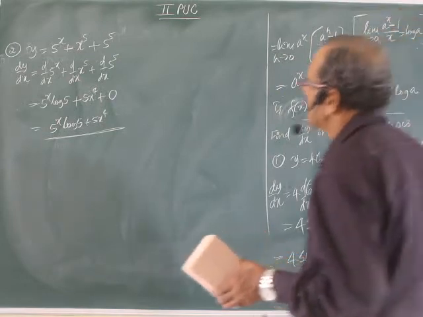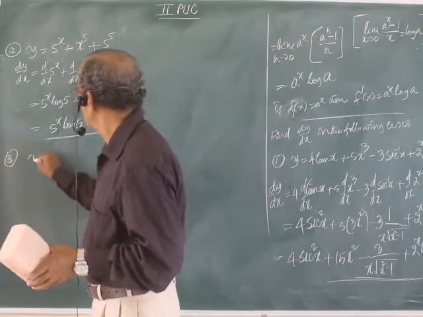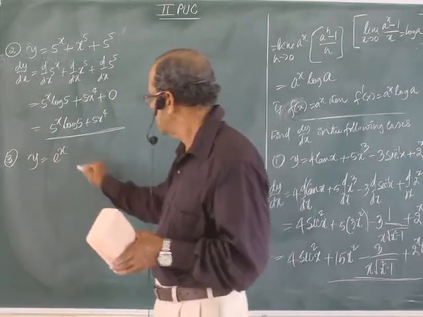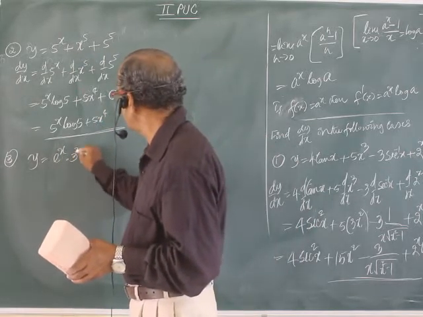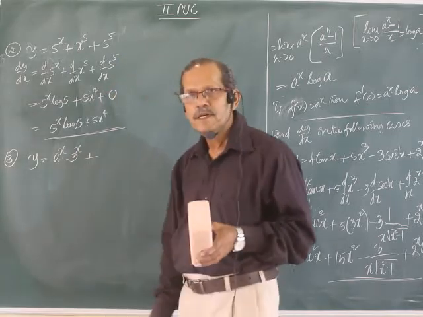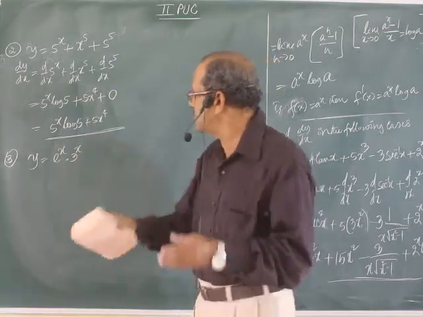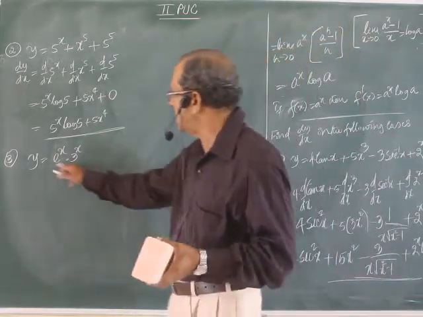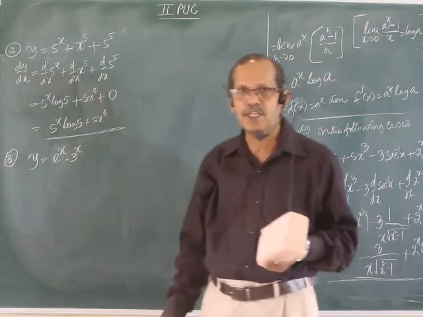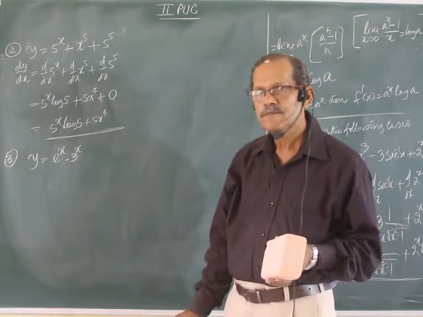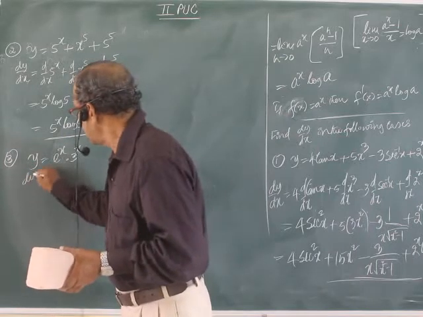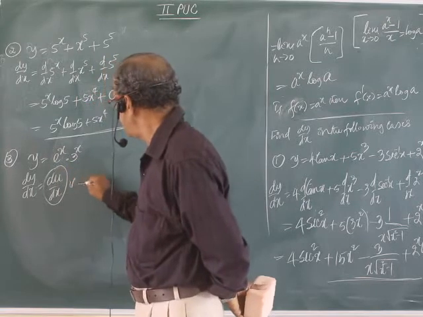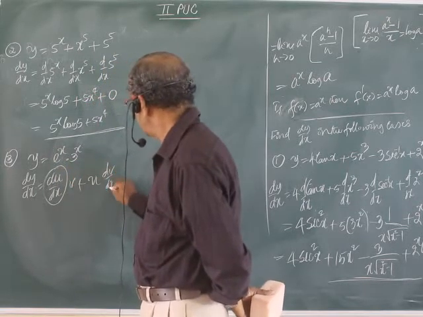Right? Next, third problem. y equals e to the power x into 3 to the power x. Enough. Product formula: exponential function and this a to the power x function. dy by dx is du by dx into v plus u into dv by dx.